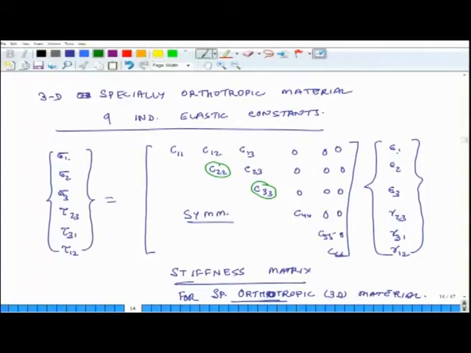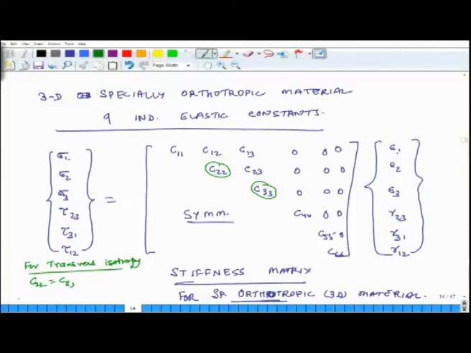So for transverse isotropy, C22 is equal to C33.